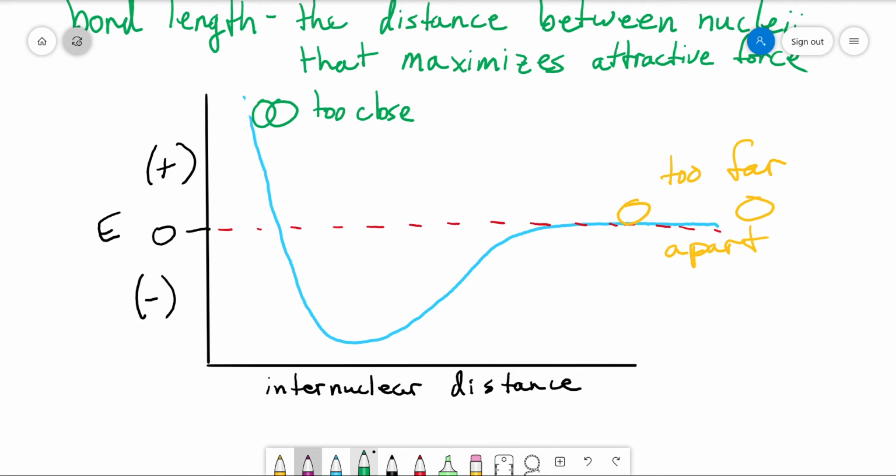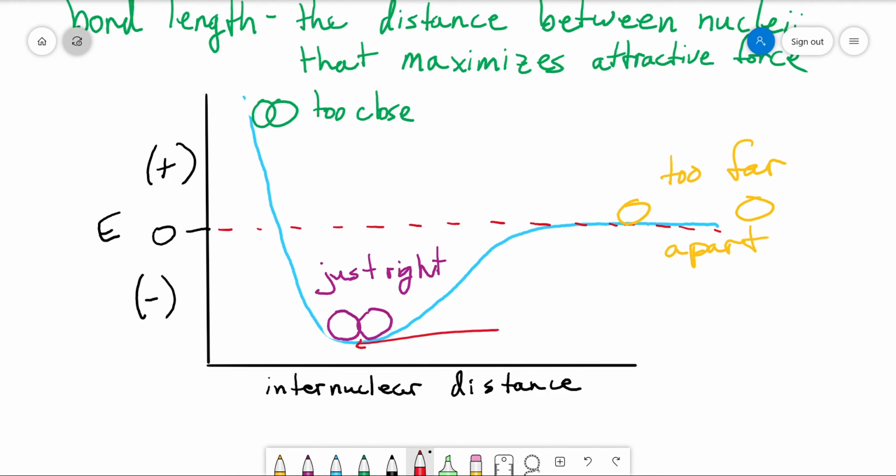Okay, but what we want to do is get to the Goldilocks phase, and just like Goldilocks, we want everything to be just right. So this is just right. And at that just right point, we've minimized energy, because everything always wants to be at a minimum of energy.